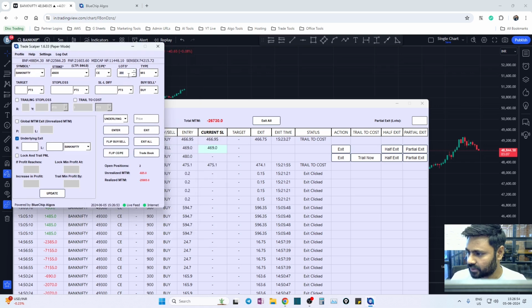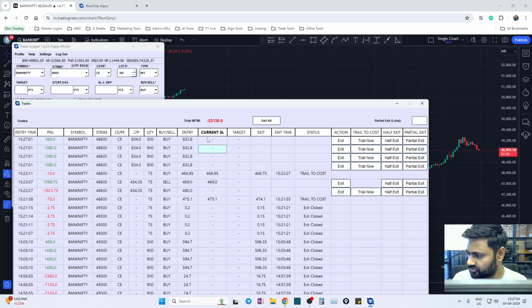So let's see. You can see that now I'm giving 200 and selecting the market, and let me hit on enter. So you can see that 4 orders have been created immediately, and you can look at the quantities also: 900, 900, 900, and the last quantity, whichever is the left out quantity, that quantity is pushed as the 4th order, right?